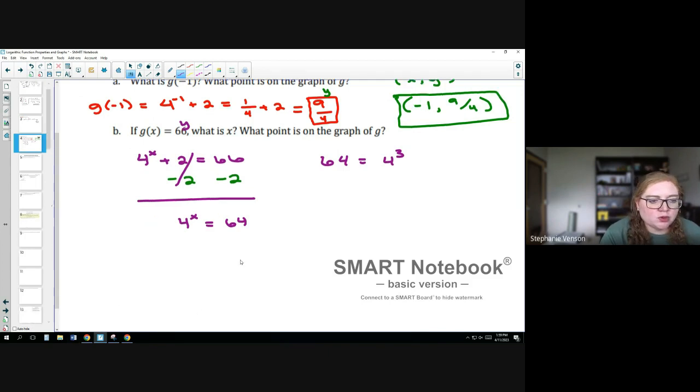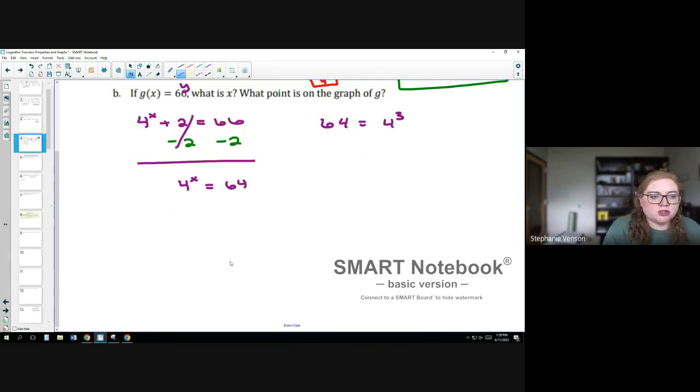So I can rewrite this 64 as 4 to the third power. So I have 4 to the x is equal to 4 to the third power. Now that the bases are the same and I only have one base on each side of the equal sign, I can drop the bases and set the powers equal. So that's really easy. I get x equals 3, and that is my first answer.